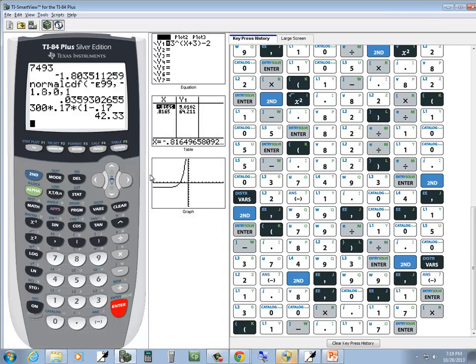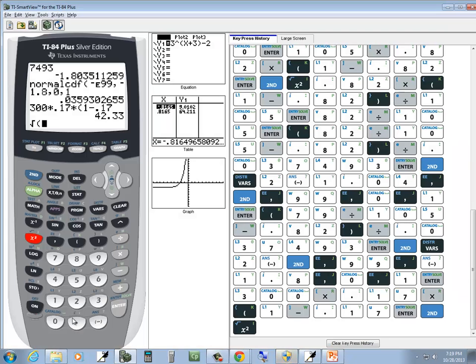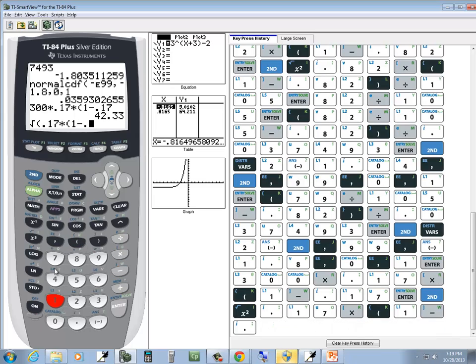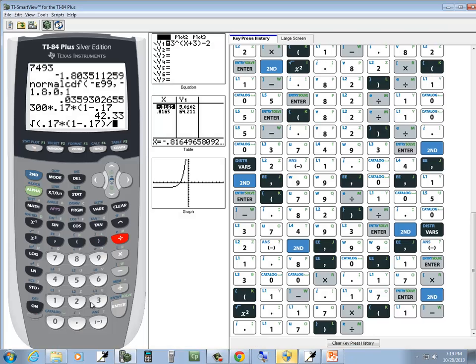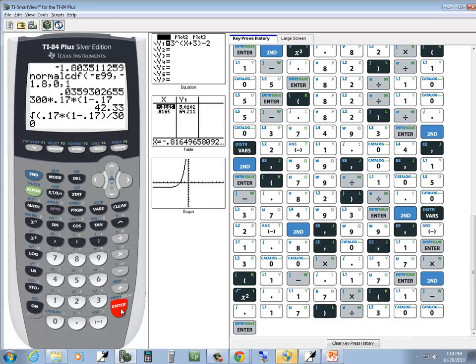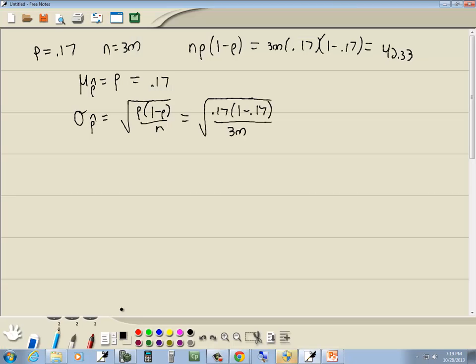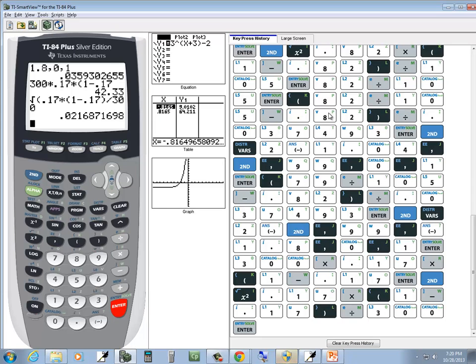So we'll do second x squared. We've got 0.17 times, beginning parentheses, 1 minus 0.17, closing parentheses, divided by 300, and press enter. I'm going to assume 6 decimal places again, since that's what the last problem was. 0.021687.